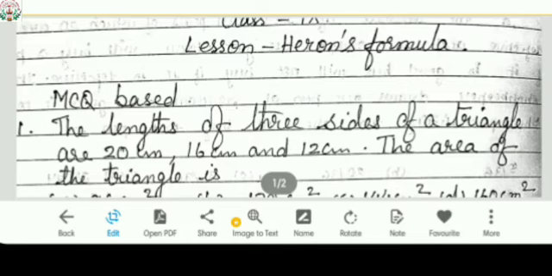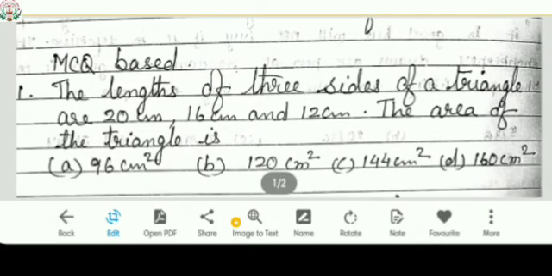First one, the lengths of three sides of a triangle are 20 cm, 16 cm and 12 cm. The area of the triangle.